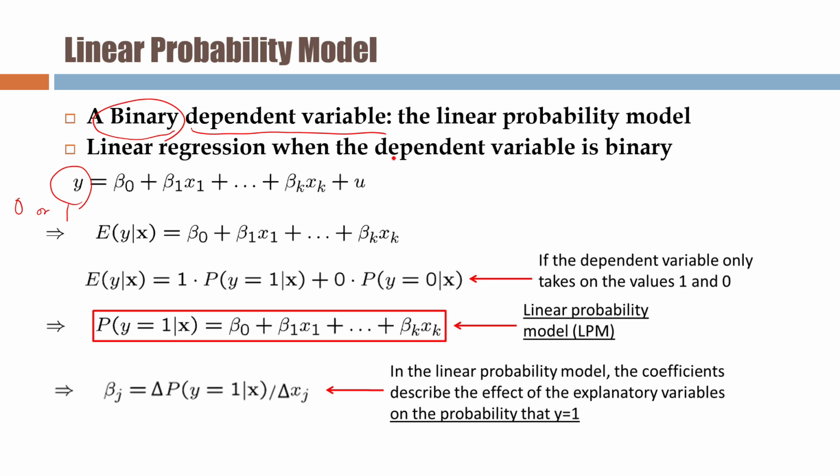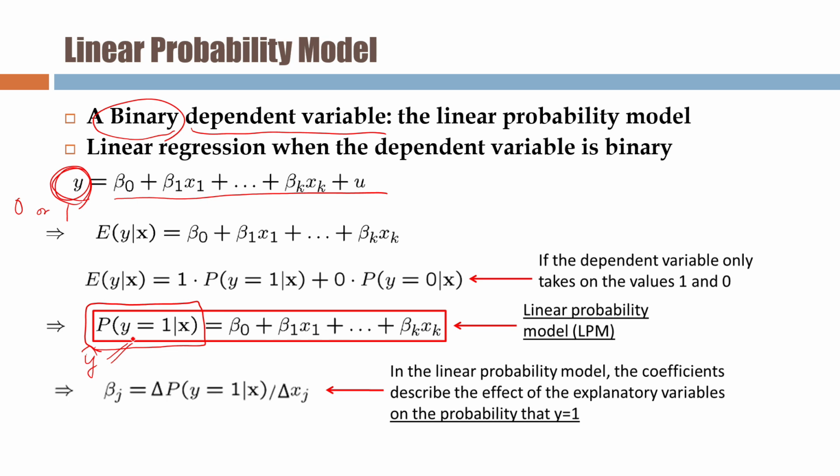Okay, when the dependent variable is binary, we will do the same regression model, but now y is a binary variable. So if you take the expectation on both sides given the x information, and then this one changes to this, so you can interpret the result of y hat as the probability of y equals 1.